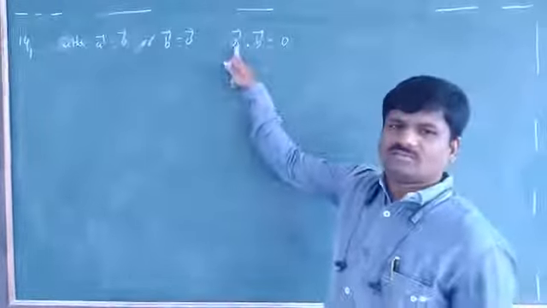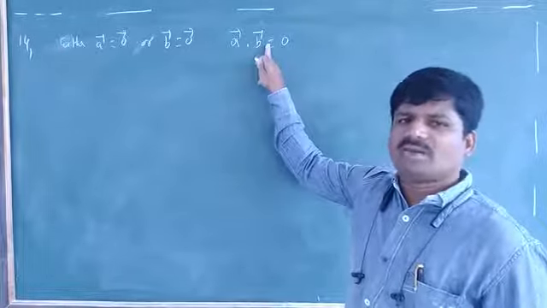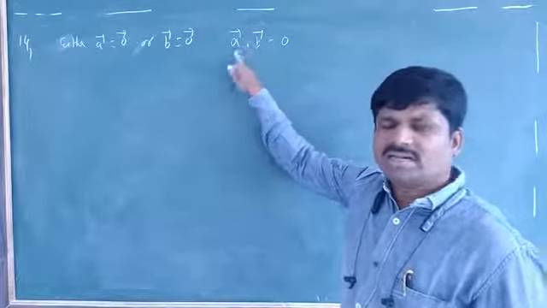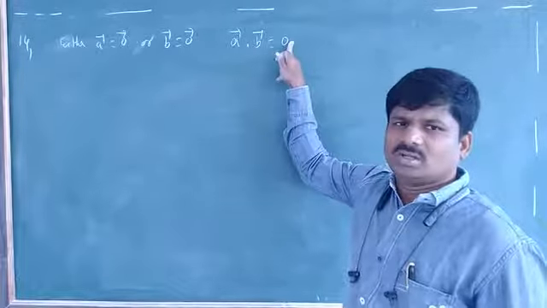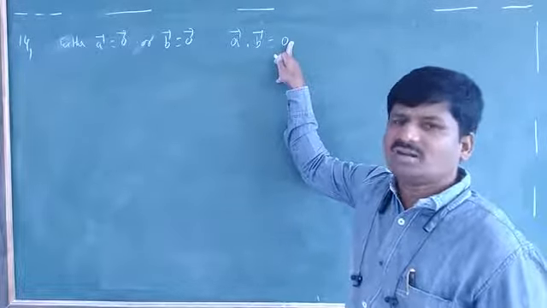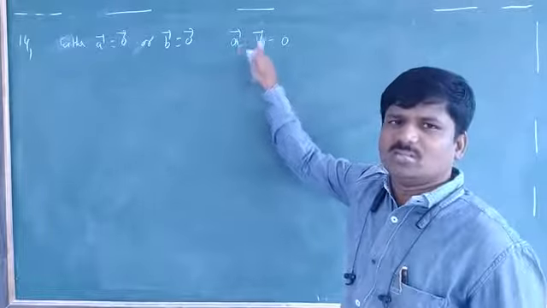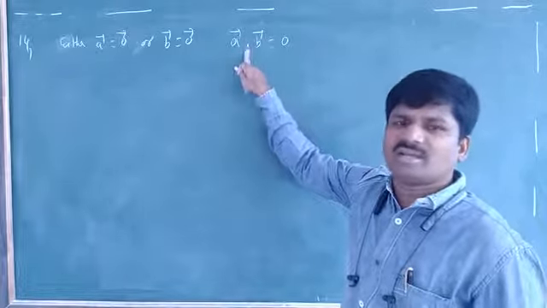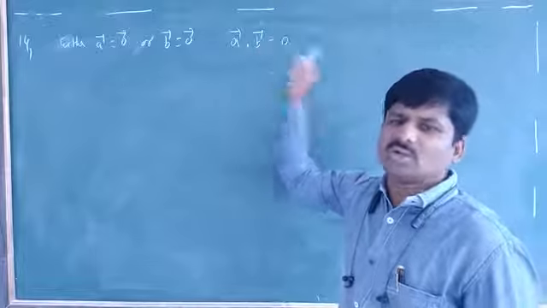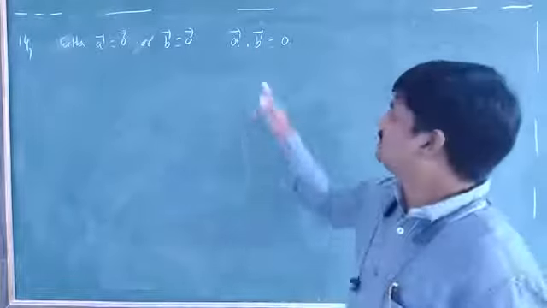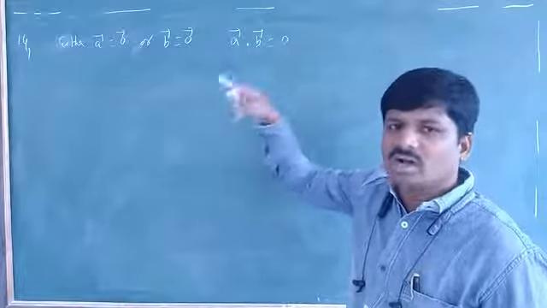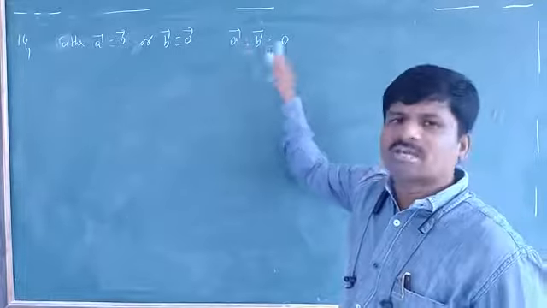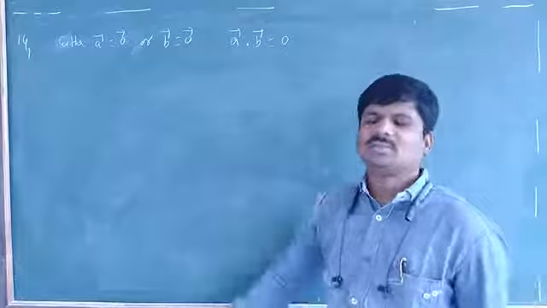Take one vector A bar, take another vector B bar, find the dot product, and suppose you get 0. That means A bar is not a 0 vector, B bar is also not a 0 vector, but their dot product is 0. So the dot product of two vectors being 0 does not mean that A bar or B bar are 0 vectors.